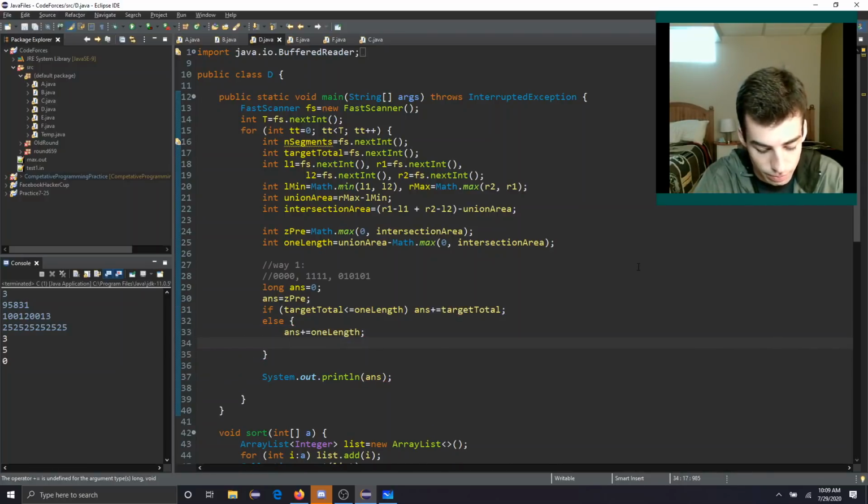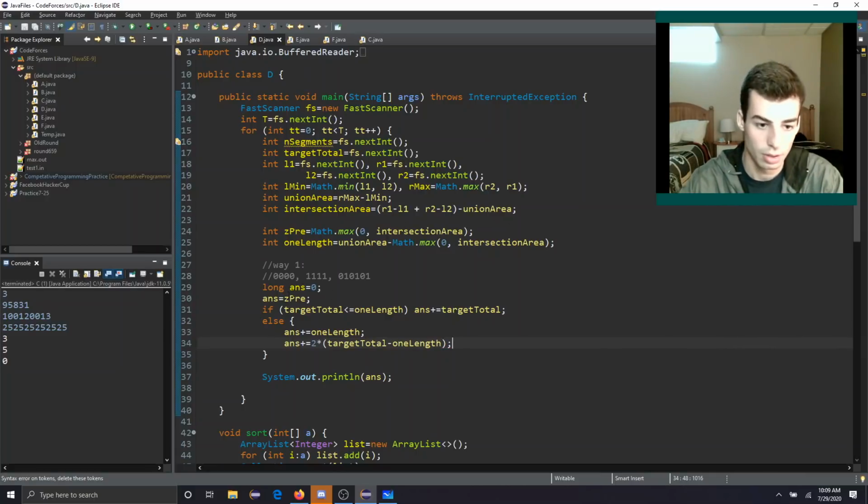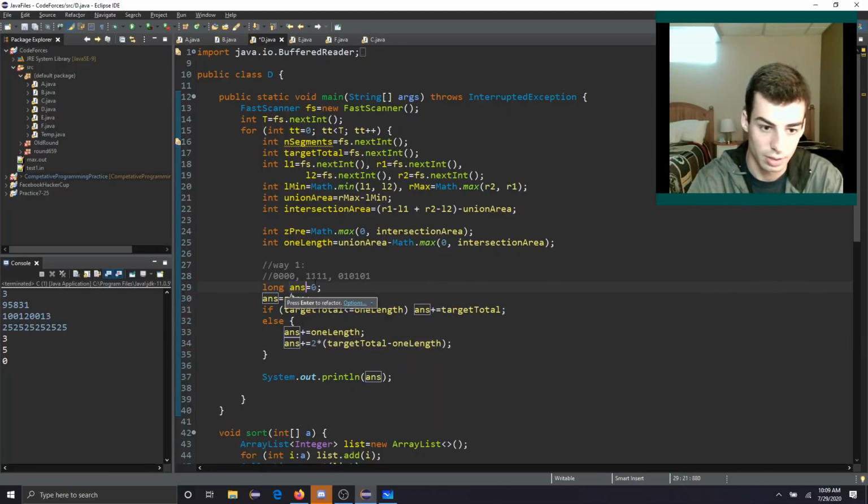And now ants plus equals 2 times target total minus 1 length. So this is really the first ants.